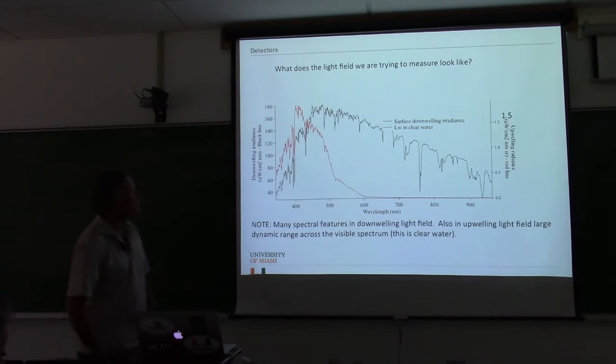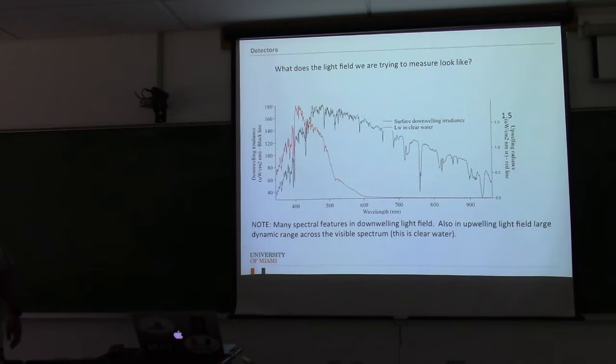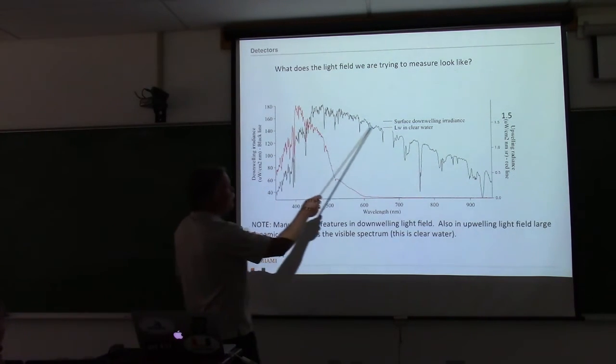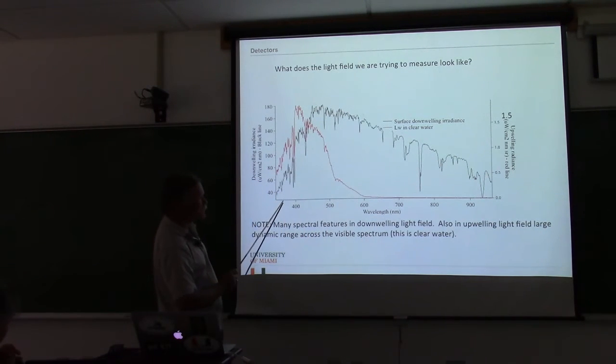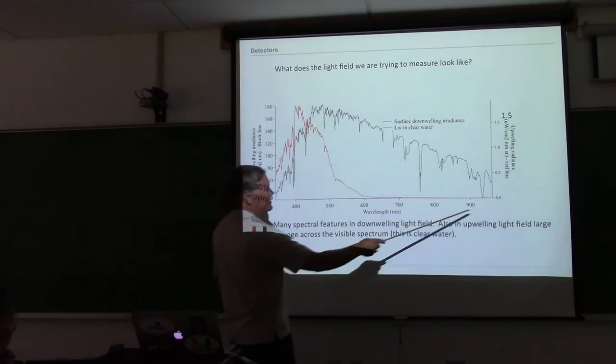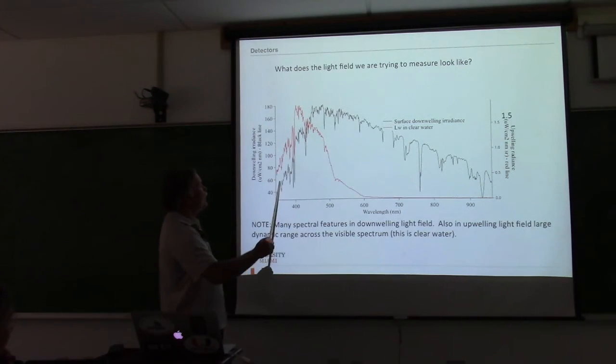To remind you what we're trying to measure, this is the downwelling irradiance. It goes across the visible, from 350 probably up to 950 nanometers.